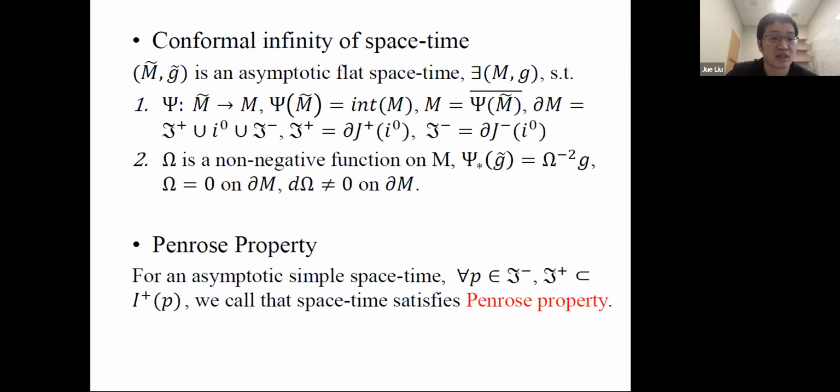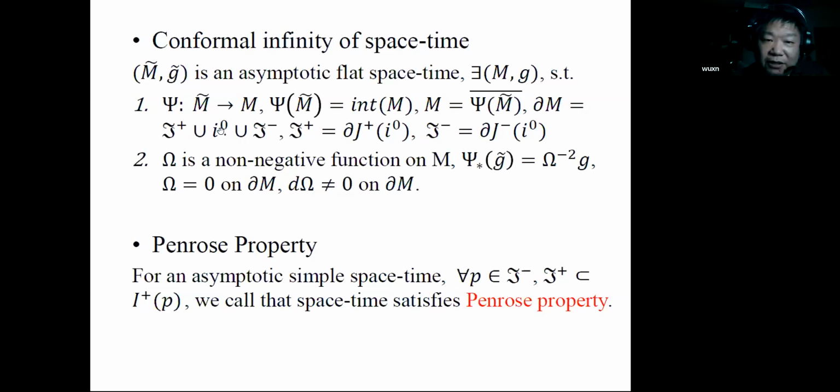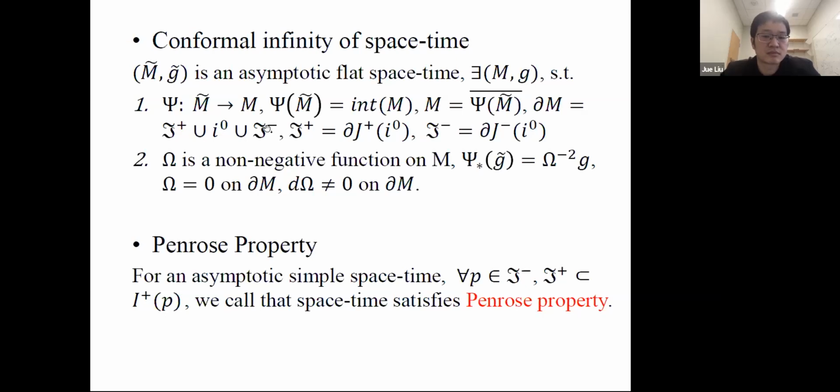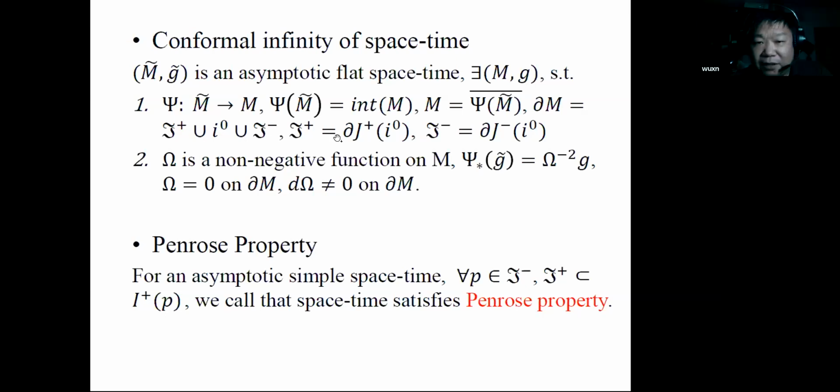I naught we call spatial infinity, I plus is future null infinity, and I minus is past null infinity. The relations are that I plus should be the boundary of the future causal set of I naught, and I minus the boundary of the past causal set of I naught.